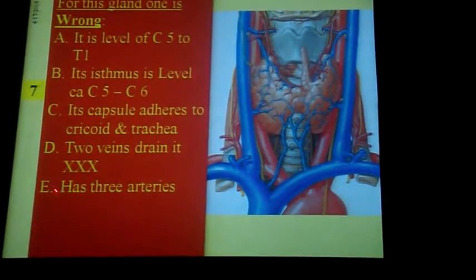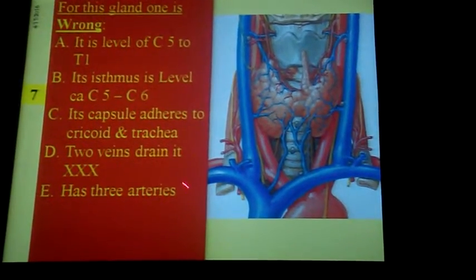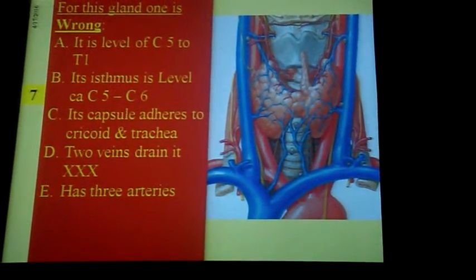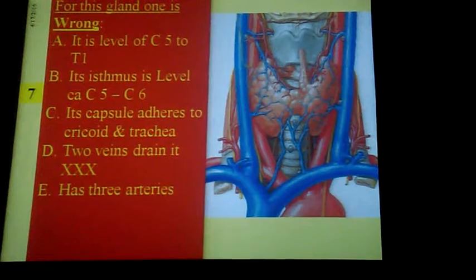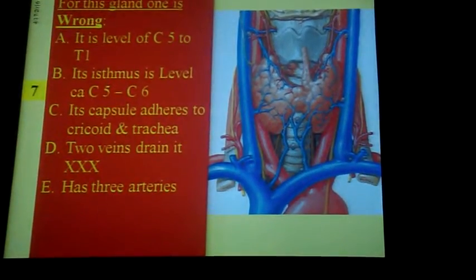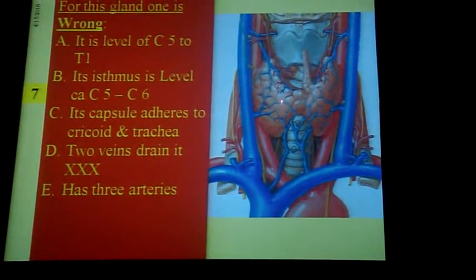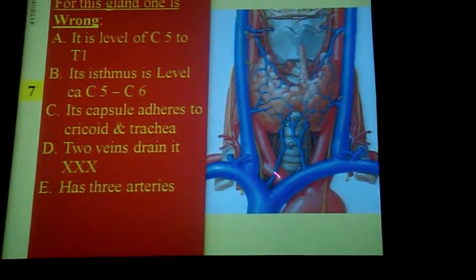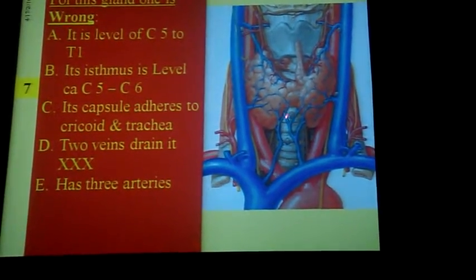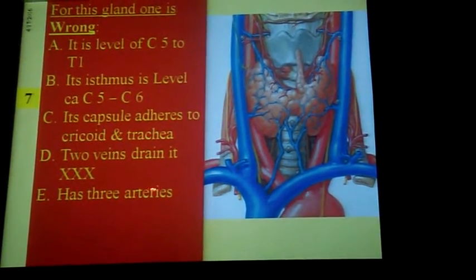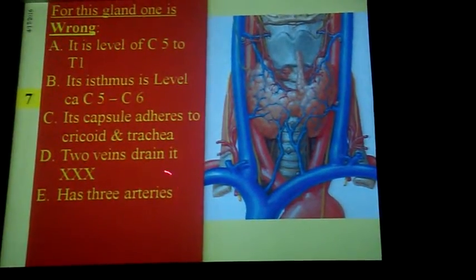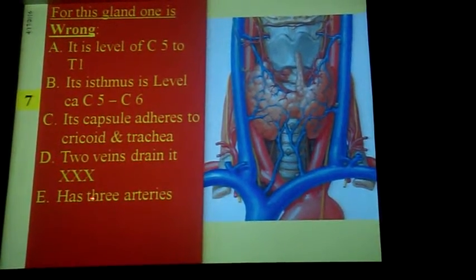Or otherwise we say it has a total of 5 arteries coming to the gland. Because the thyroidea ima, there is only one thyroidea ima that comes from below and ascends upward to the gland. It either arises from the arch or from the common carotid and ascends to the gland. So it's better to say it has 5 arteries than to say 3 arteries.